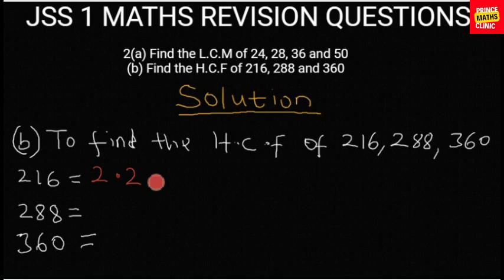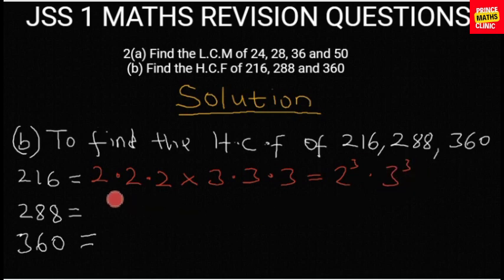Then times 3 times 3 times 3. My dot means times. So take note. So what this means is that 2 appears how many times? 3 times. And 3 appears how many times?